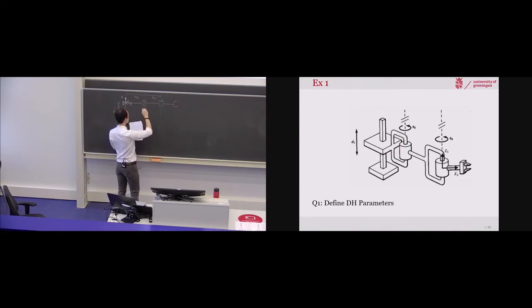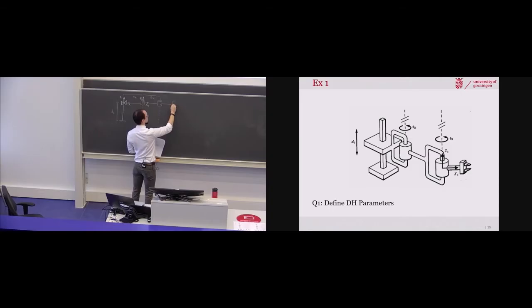And since it tells you that the rotation is counterclockwise, the z-axis is up. So this one is Z2. And then you place X2 along the perpendicular. Okay? Finally, we have the third one.